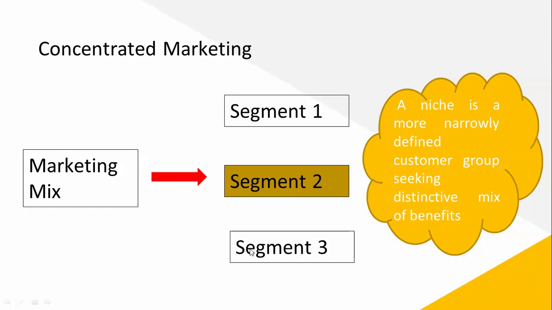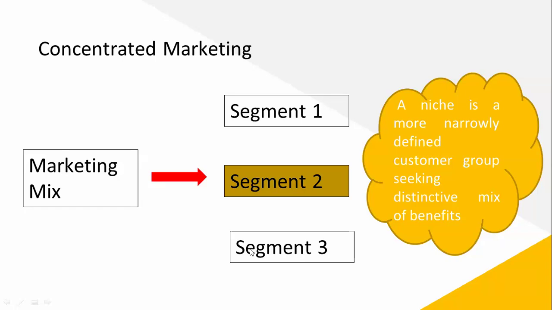This segment contains a low number of customers, but their requirement is very specific. Therefore, you can develop a product for their specific need, and you can price it for a higher price because the need is that much specific. So they will purchase the product, whatever the price you are launching.